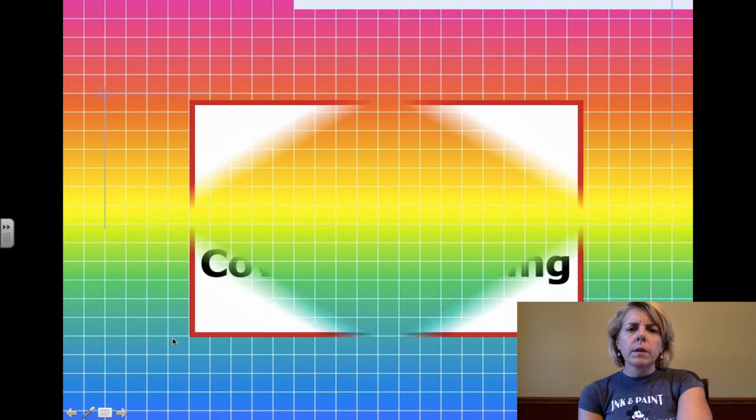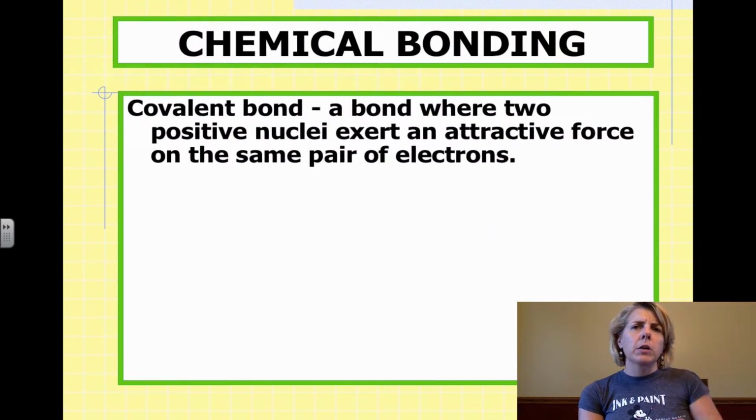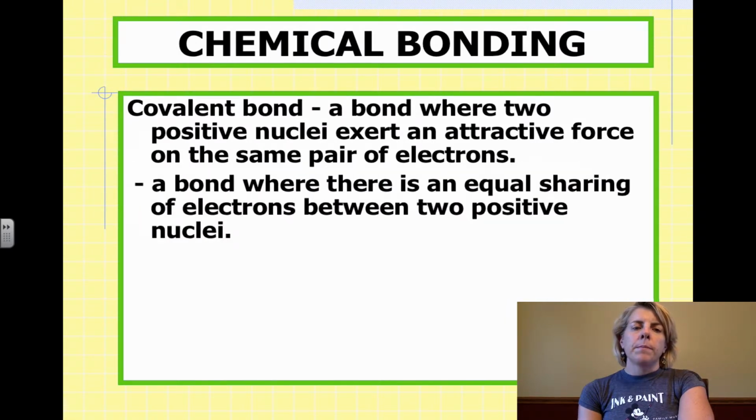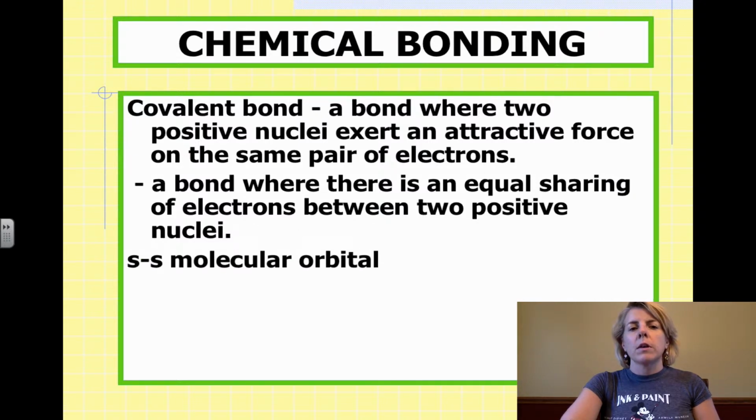So let's look at covalent bonding. When we're talking about covalent bonding, we're talking about two nuclei that have the same attractive force on a pair of electrons. The nice thing about covalent bonding is they actually share their electrons. And remember, the electrons are negatively charged, and there are two nuclei on either side of that pair of electrons.